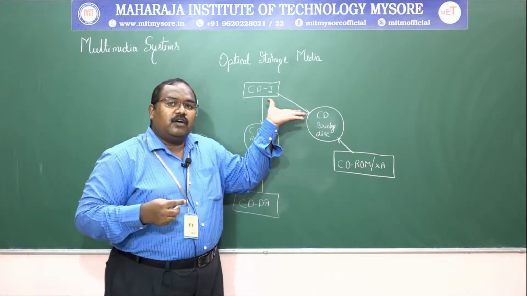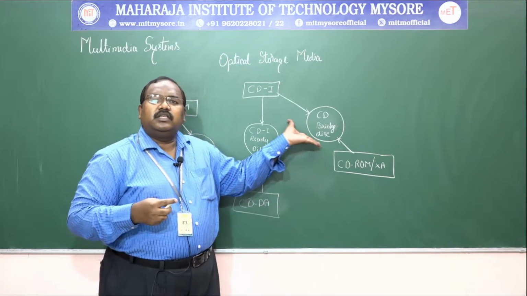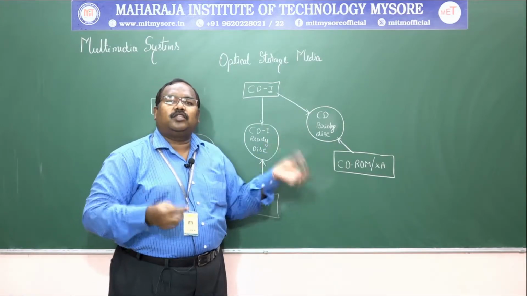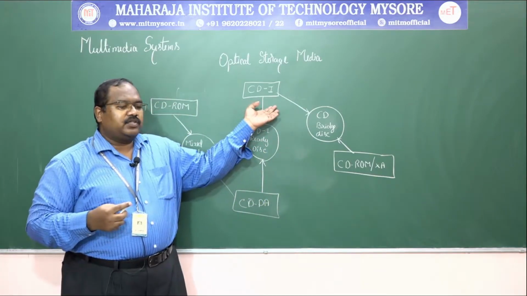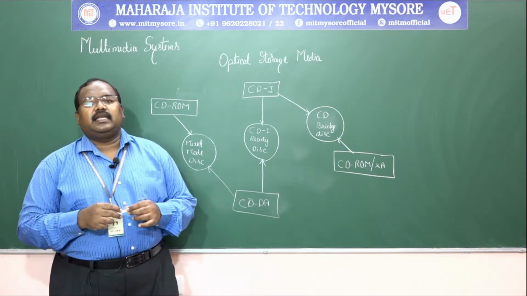Now we have a bridging of CD-I with respect to CD-ROM XA. This kind of disk, which has an intermediate property or has both specifications of CD-I and CD-ROM XA, we call a CD bridge disk.